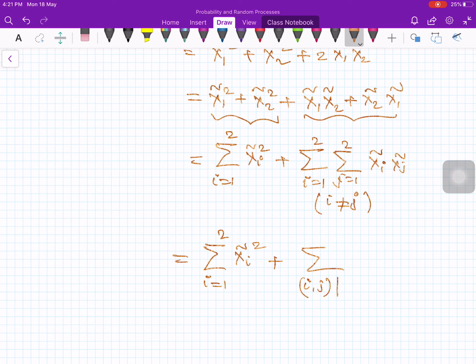These all are cross terms of the form xi times xj. See, when I substitute i equal to 1 to n, then I'll have n terms, and when I take j equal to 1 to n, again I'll get n terms.